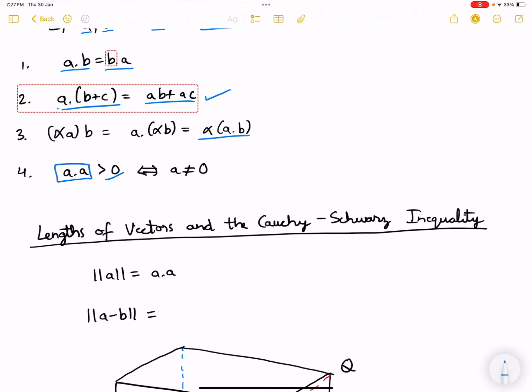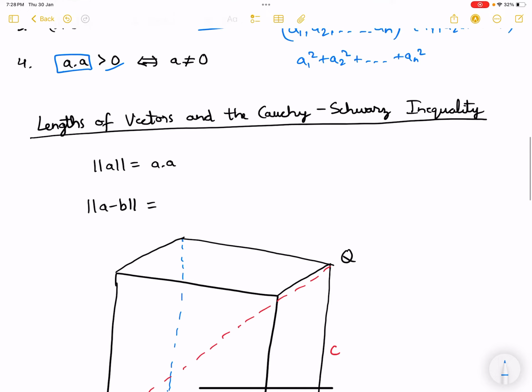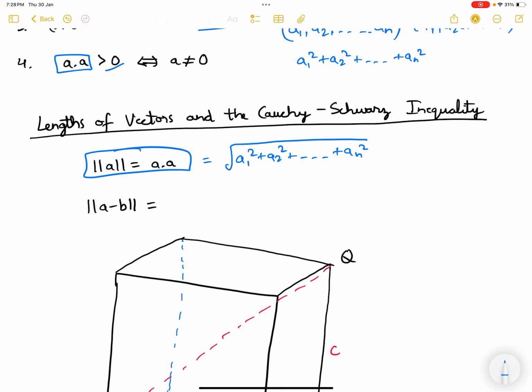So A dot A would be A1 to An multiplied with A1 to An. So this would be A1 square plus A2 square plus An square. And the length of A can be represented as the square root of A1 square plus A2 square plus An square. Similarly, the vector A minus B can be written as A1 minus B1, the first element, A2 minus B2, the second element, and till the nth element, An minus Bn.